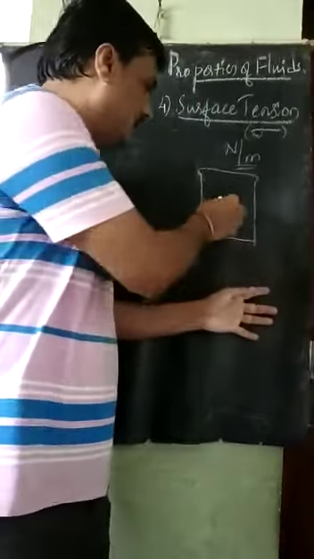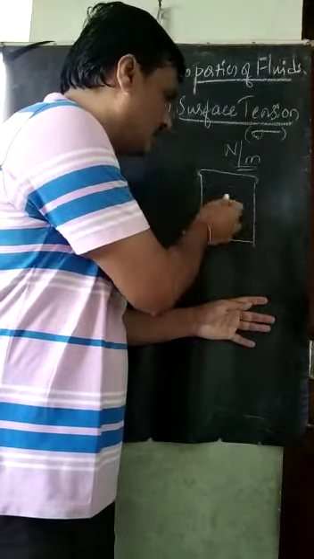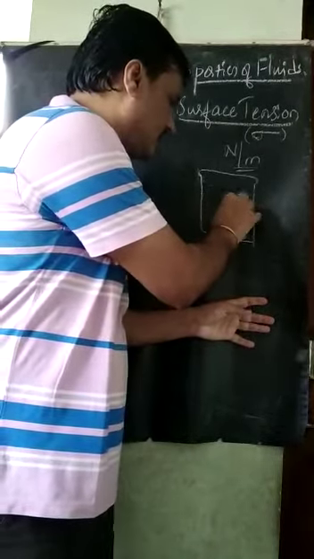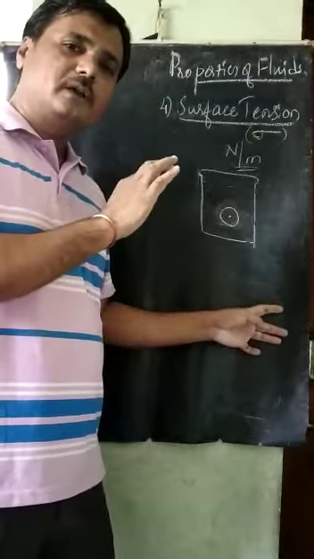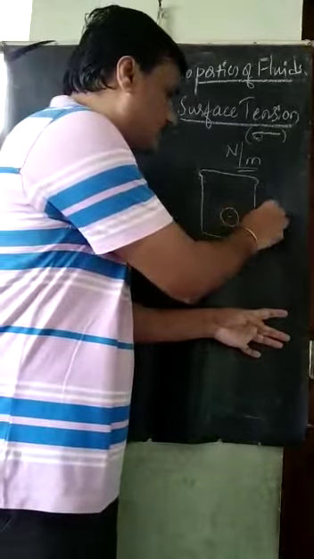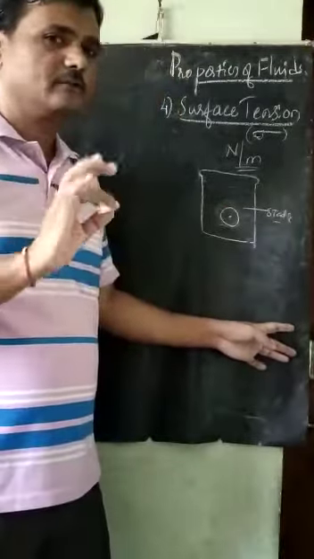For example, if I take one molecule in this liquid, this is one molecule, in an exaggerated figure. This molecule is under equilibrium. The fluid is static, which means the fluid particles are not moving.